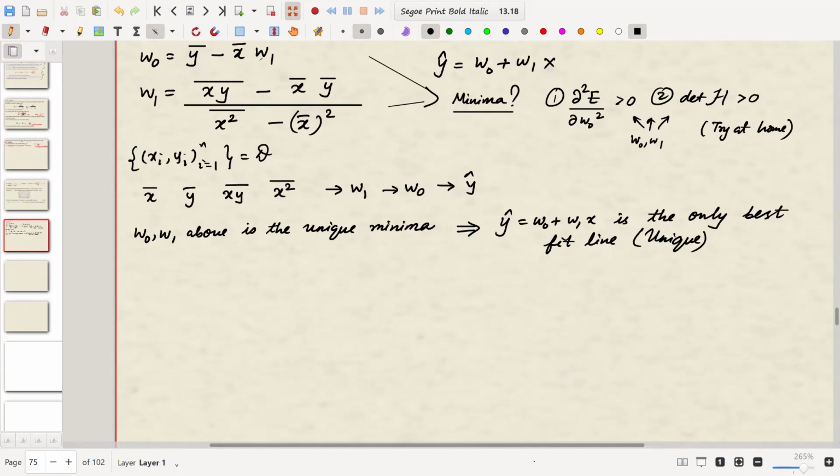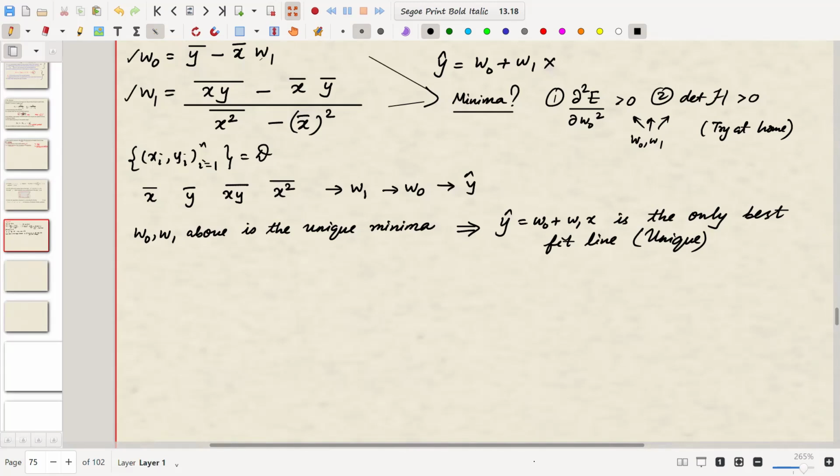Why? Because this loss function you saw is a convex function, and a convex function has only a unique minima, and the minima you computed is that. So you can observe a bit of depth in the regression concept now. Usually you get these variables and solve, and this is the regression line. But why is it the regression line? Why can no other regression line be written down?